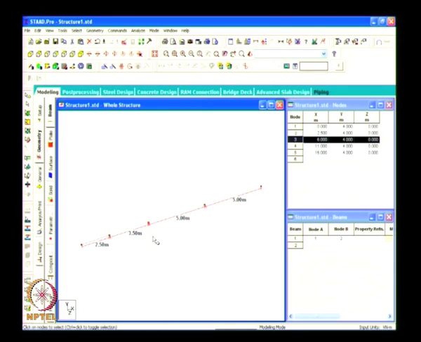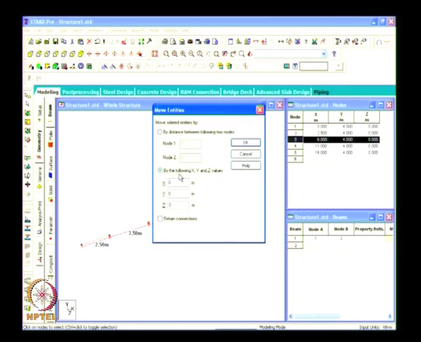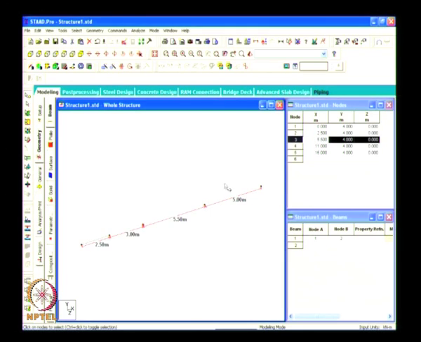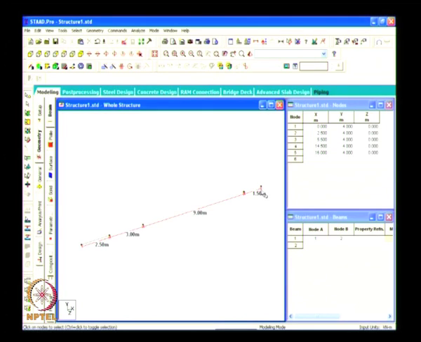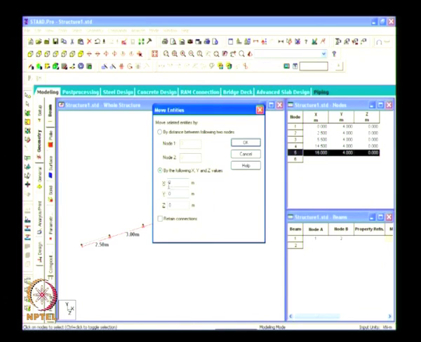From the first pile to the diaphragm wall is 3 meters. Actually he is reducing it by 0.5 meters, so that it becomes exactly 3 meters, and the distance is 9 meters. So we will increase it by 3.5 meters. .75.